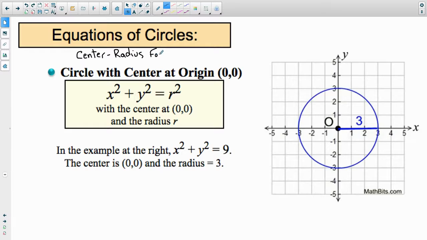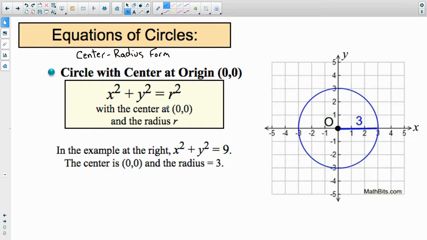And forms are usually named after what you can extract from them just by looking at the formula. We're going to be looking first at the center radius form when the center of the circle is 0, 0, the origin, because they're always going to start the same. Like this picture on the right, you can see the center of the circle is 0, 0.